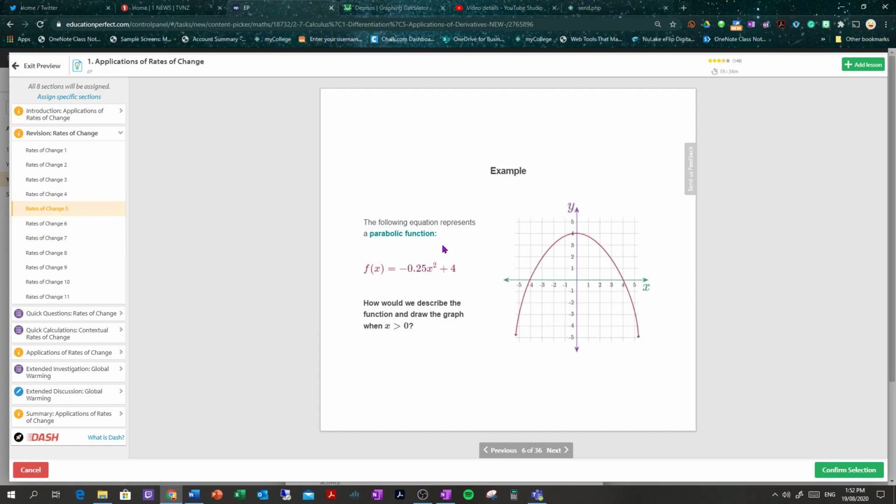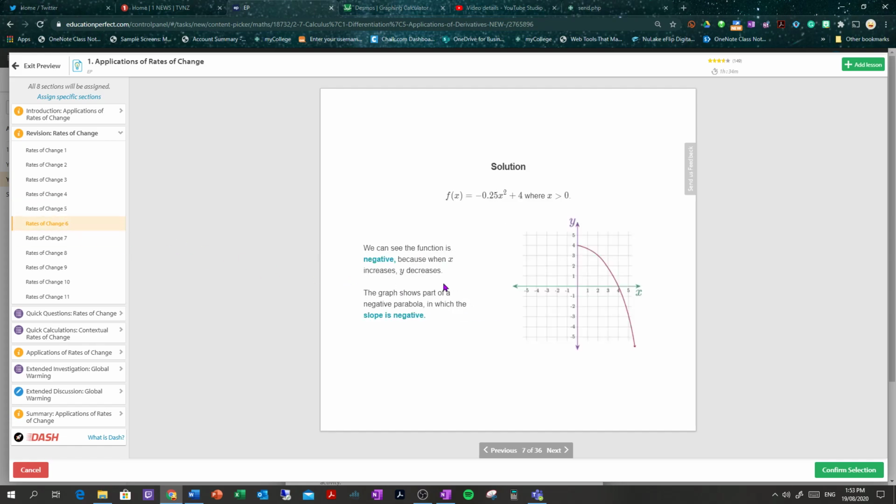Now, if we consider a function that we're familiar with, a polynomial like negative 0.525x squared plus 4, and we graph the parabola, it's an upside down parabola, how would we describe the function and draw the graph when x is greater than 0? So basically, from 0 to 4, this graph is doing something, and we need to be able to describe what it's doing, right?